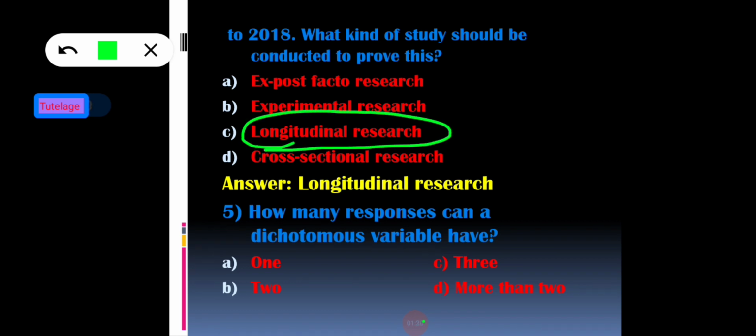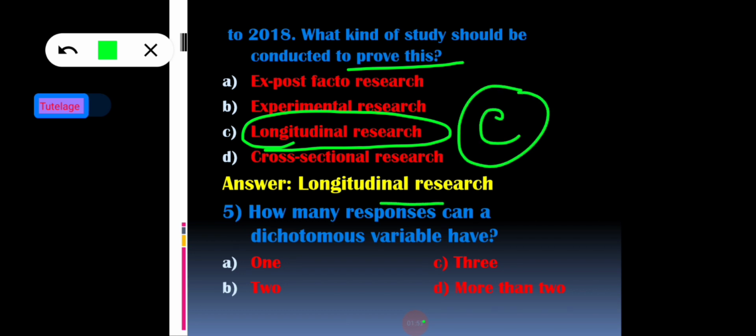A longitudinal study should be conducted to prove this, because here it indicates a long time period, 1998 to 2018. So option number C is the correct answer, longitudinal research.